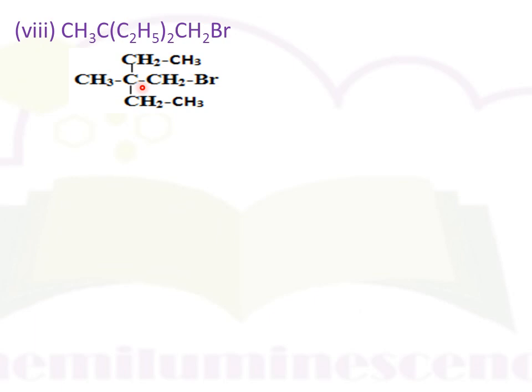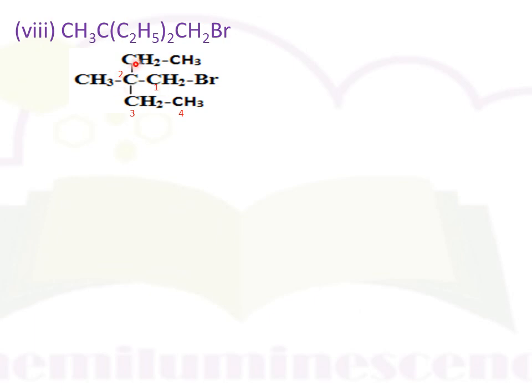Now give the numbering from that end which is near to the halogen atom. So numbering will be this way. The carbon to which bromine is attached comes as the first, then the second, third, and fourth. Now see the substituents and their positions. Write their names first. At first carbon, bromine is present, hence it is 1-bromo.